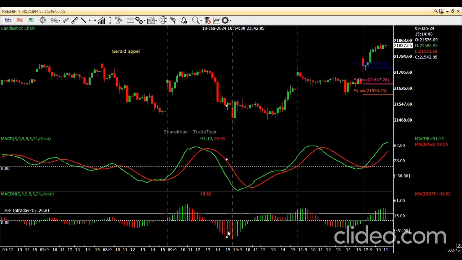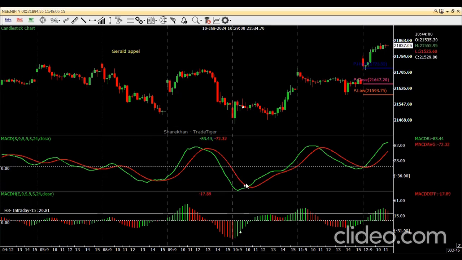Similarly, in this crossover you can see the two lines of MACD. One line is called the MACD line and another is called the signal line. The yellow line is the signal line and the red line is the MACD line.